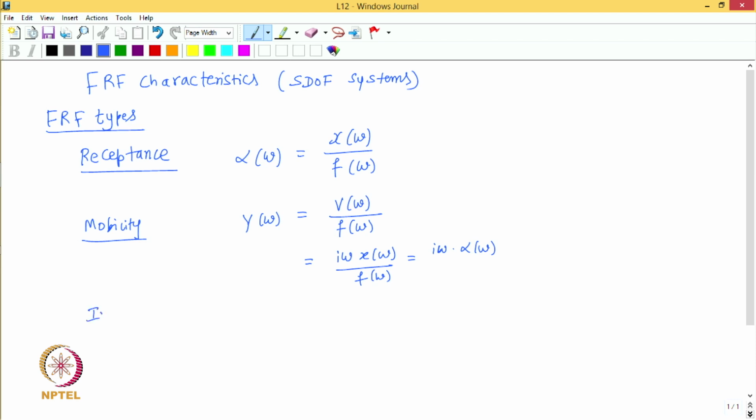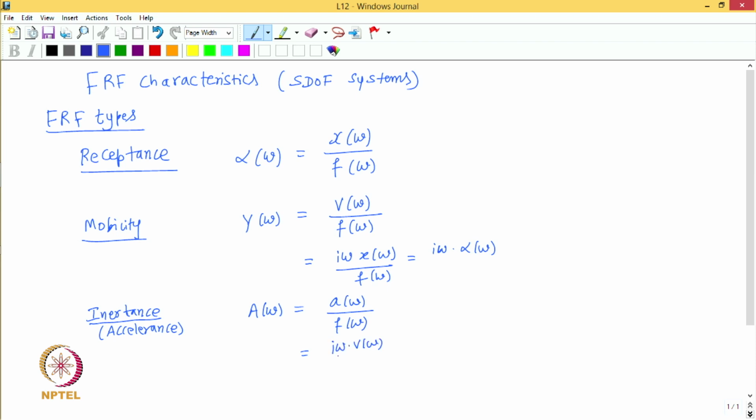Another FRF which is defined is called the inertance FRF, or accelerance. We can denote it by A of omega, and this is the ratio of the acceleration of the response and the force causing that acceleration, both defined in the frequency domain. And the acceleration can be written as i omega times V of omega, because the motion is harmonic.